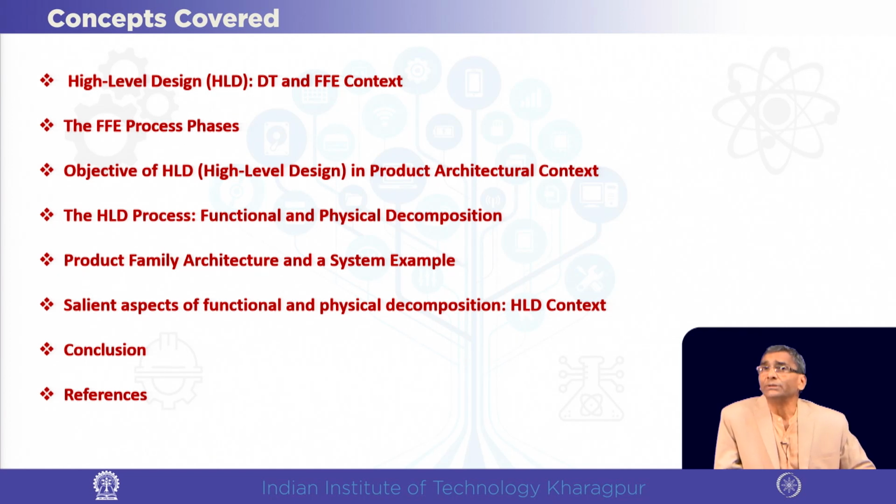Now, this decomposition has two aspects. One is the functional decomposition, that is, what are the different functions this product or this system has to perform or do. And when we are talking of functions, how that will be materialized, that means through which component or element or part it will be materialized, is the physical decomposition.